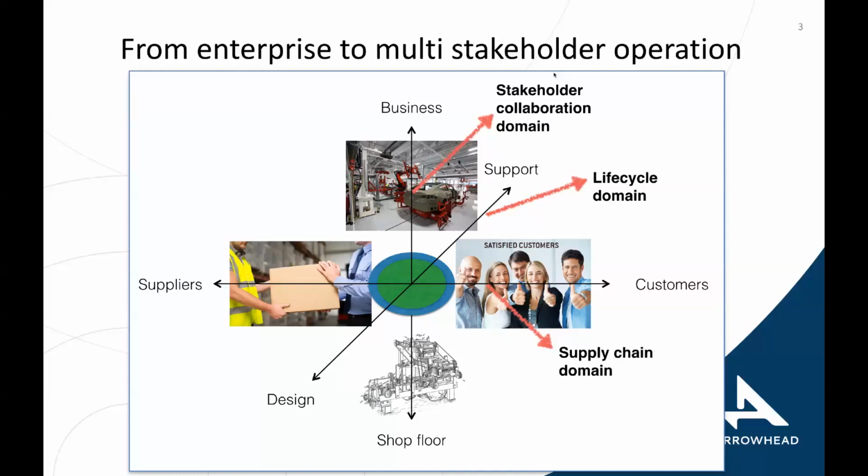A company is not doing everything on their own, and there is a need to integrate different companies, different players along the supply chains, the product cycle, and from the shop floor to the business. So this is where we are starting from.